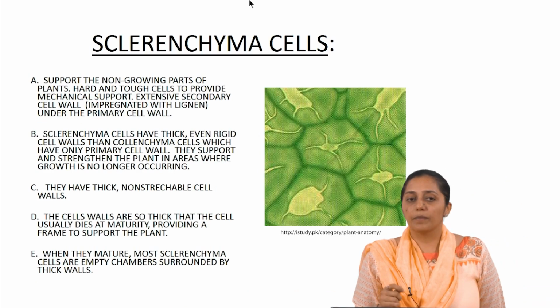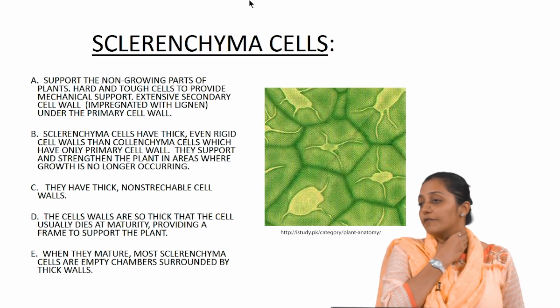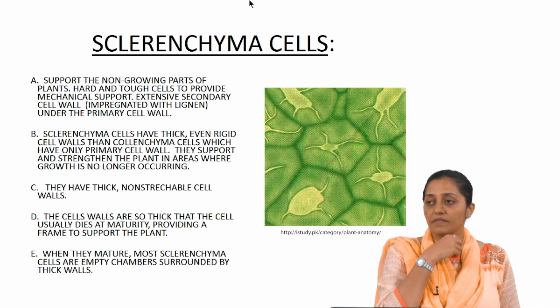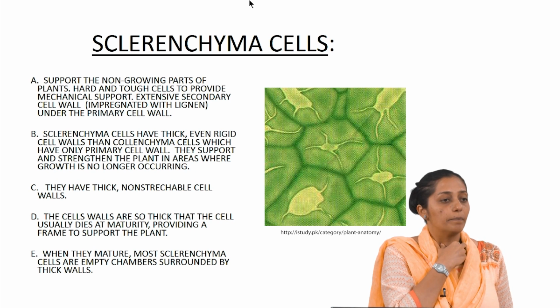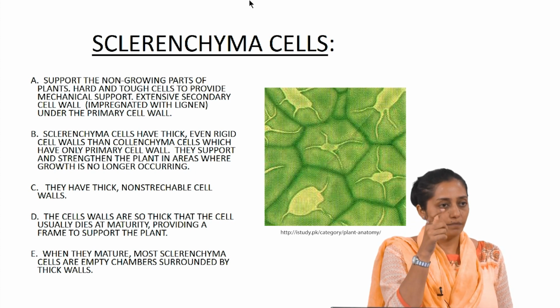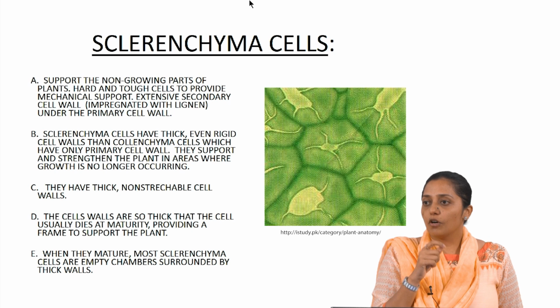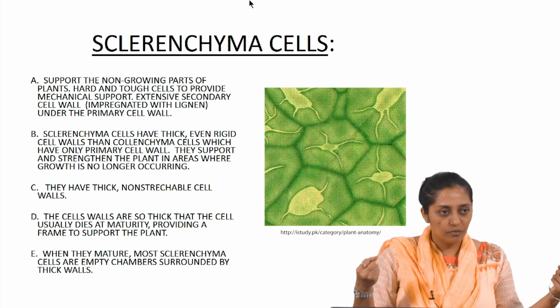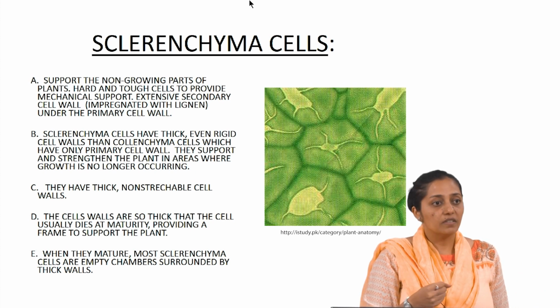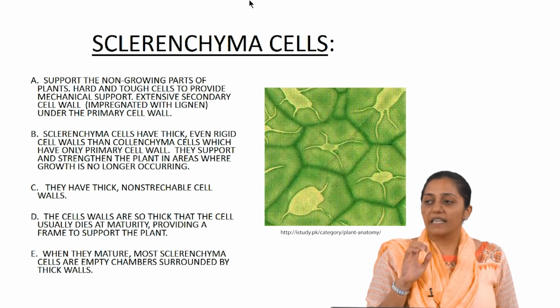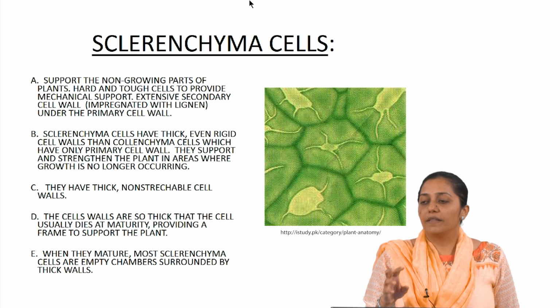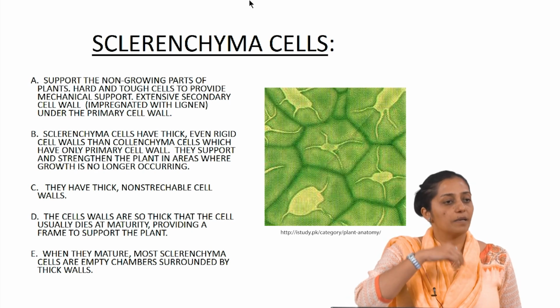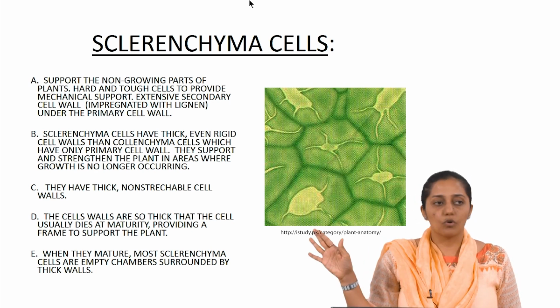Now sclerenchyma cells. If you remember walnut, you must have seen walnut, then peach, such a hard coat is there. And in your flax or in your linen, which are very difficult to tear apart. So these are sclerenchyma cells. Sclerenchyma cells appear when the cell has completely matured, there is no more growth happening.